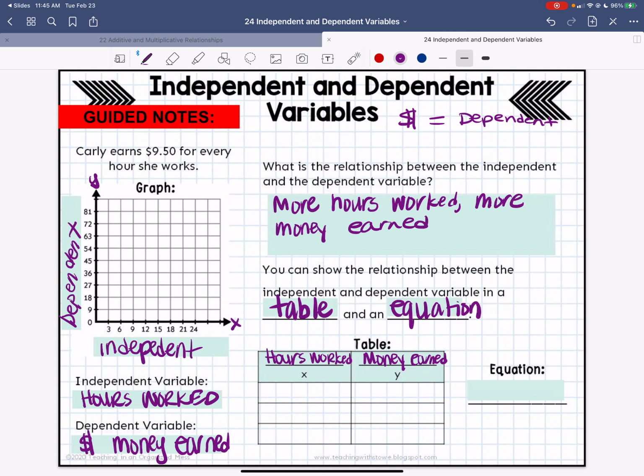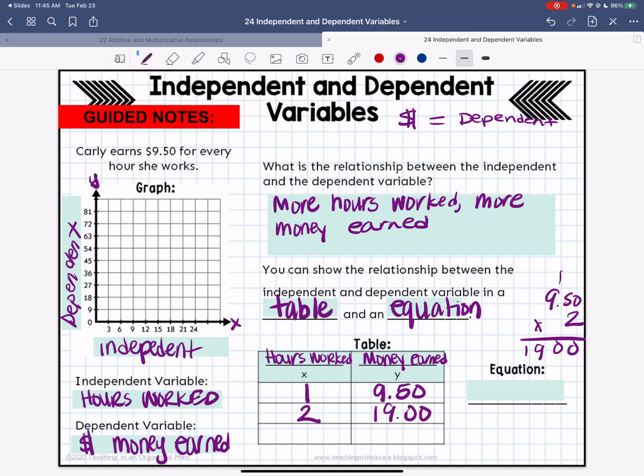Okay. So if I work 1 hour, she's going to make $9.50. If she works 2 hours, well, I would do $9.50 times 2, $19.